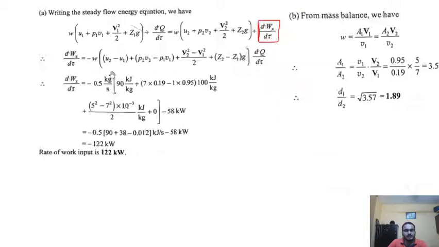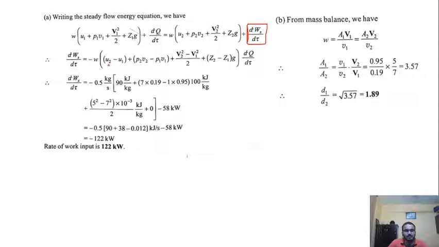And if you see here, we are given the mass flow rate, that is 0.5 kg per second. U2 minus U1 is also given, that is the internal energy difference. The values of pressure and volume at inlet and exit are also available.